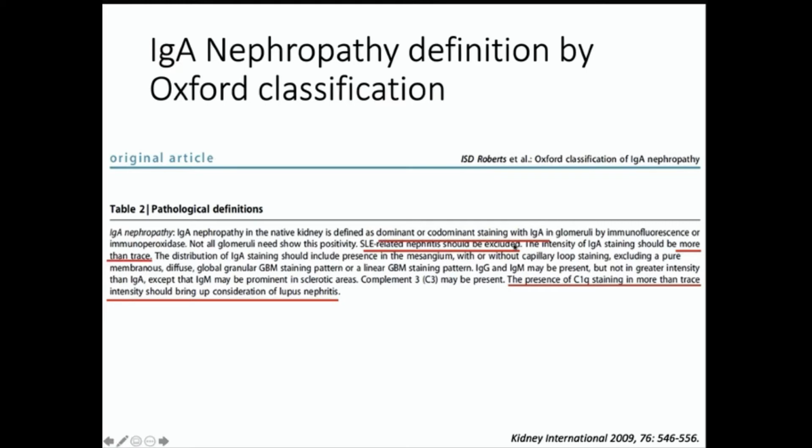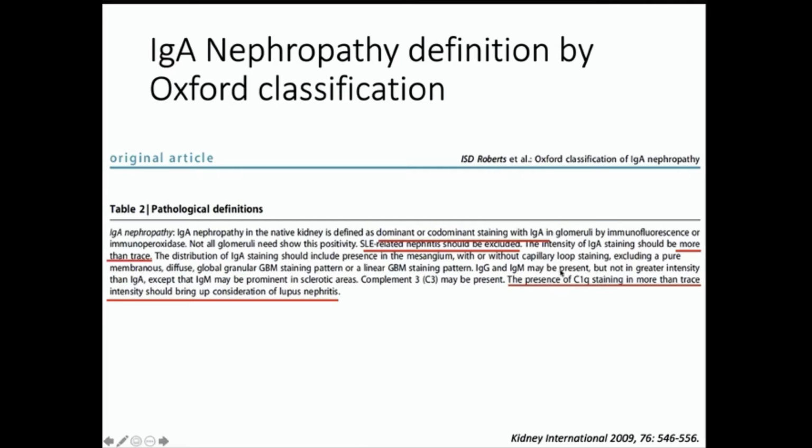Okay, so coming back to the definition, even for this Bible of IgA nephropathy study, the requirement definition changed, but still we see it's co-dominant or dominant IgA, and then we need to exclude lupus nephritis. And then the requirement for IgA intensity is dropped to more than trace. This is more reasonable because before that, 2+, 1+ was not uncommon.